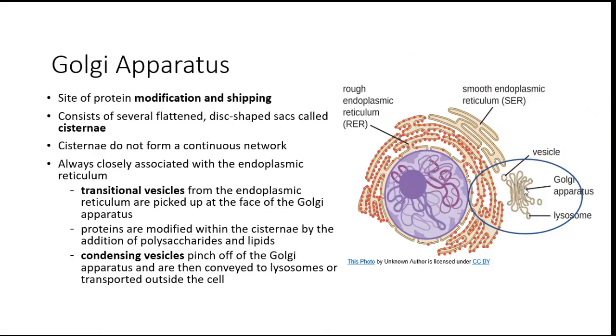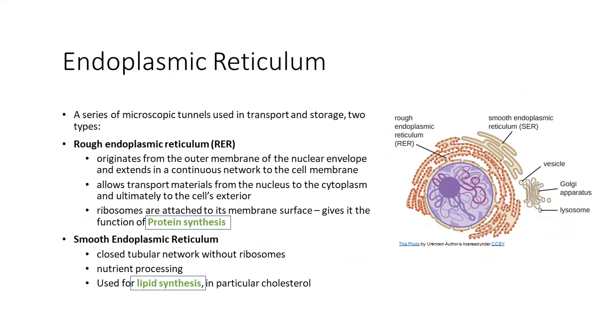Once the materials are within the Golgi apparatus, the Golgi is made for modifying those structures that are made in the ER. So remember, we talked about, let me go back one slide, the ER is for protein synthesis and lipid synthesis.